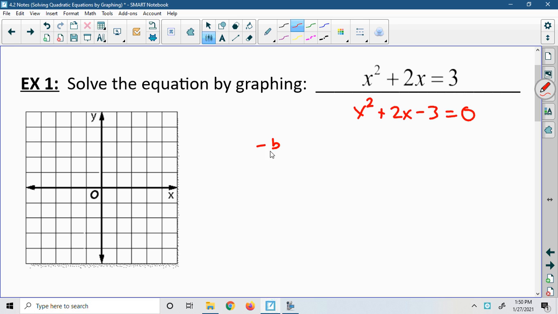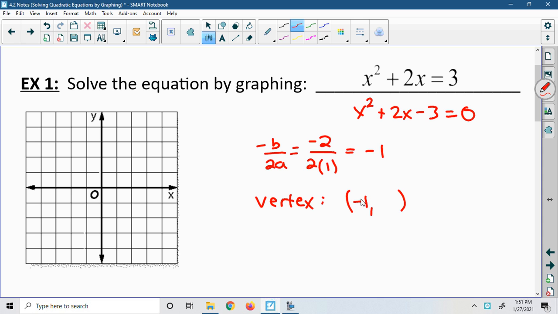When you graph something from standard form, you want to start with negative b over 2a. So that would be negative 2 over 2 times 1. When I simplify all of that out, it looks like it'll be a negative 1. We do that because that negative 1 becomes the x-coordinate of our vertex.